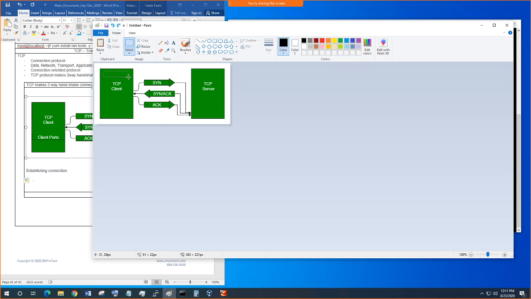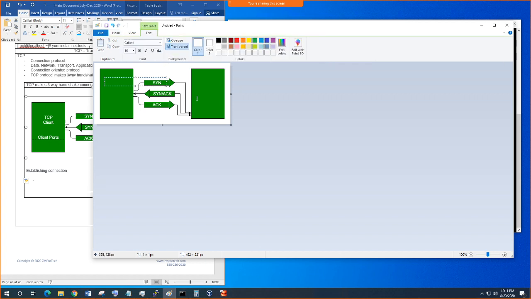We don't have to say TCP. I'm going to say server A, and here I'm going to say server B. Server A and server B.